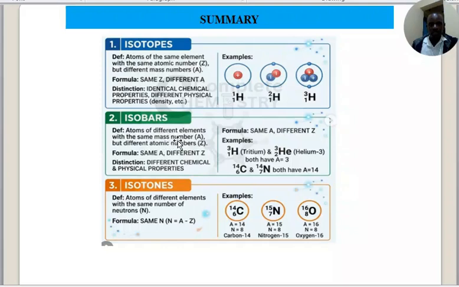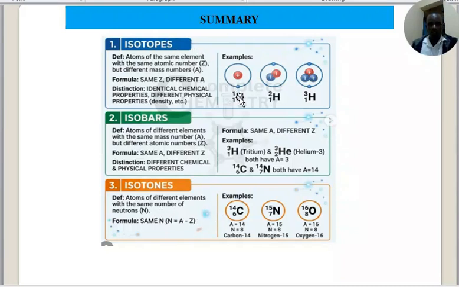These are atoms which have the same mass number but different atomic number. At the same time, we have the isotones, which are atoms of different elements with the same number of neutrons. Examples are as shown here.